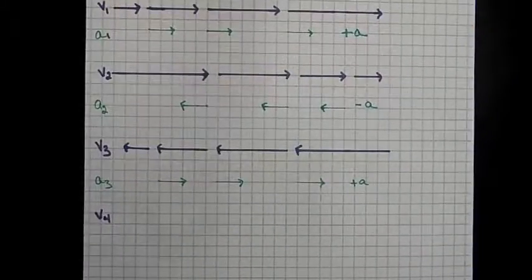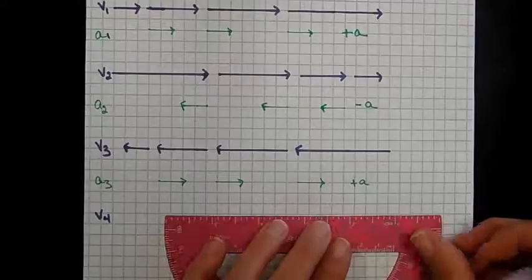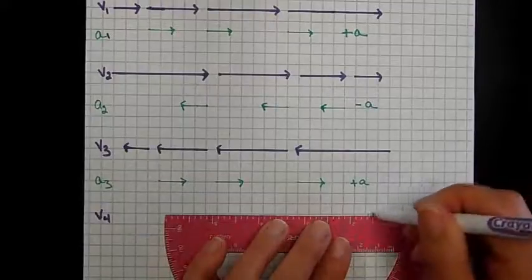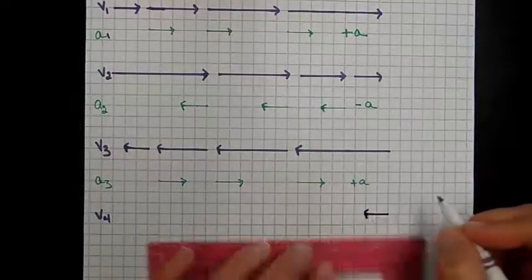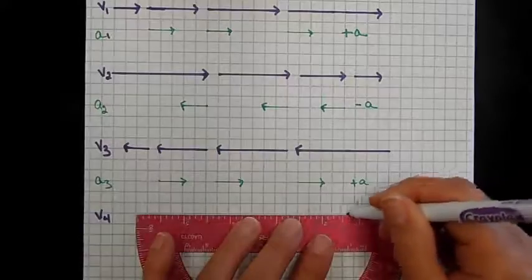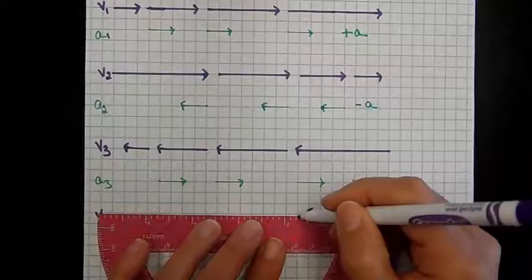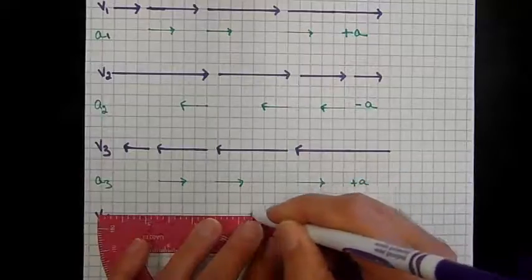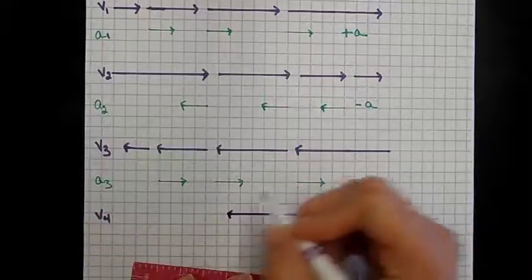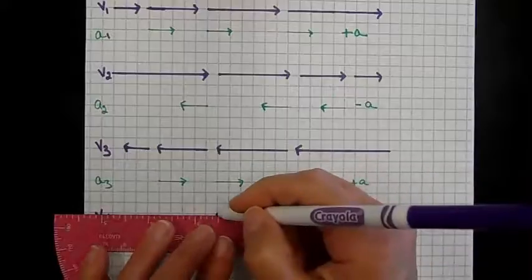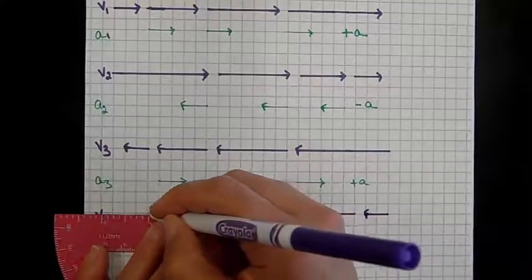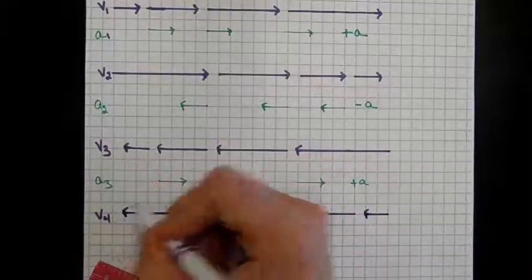So we're going to start over here in the negative direction and go this way with a small velocity, and we're going to increase that velocity as we go across. So we're going in the negative direction, but with an increasing velocity in that way.